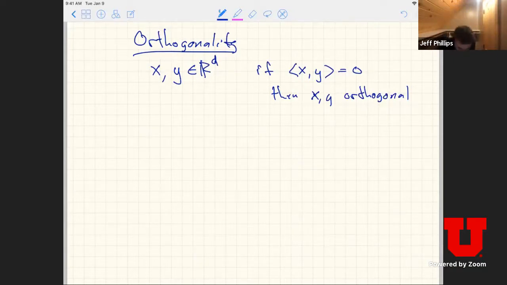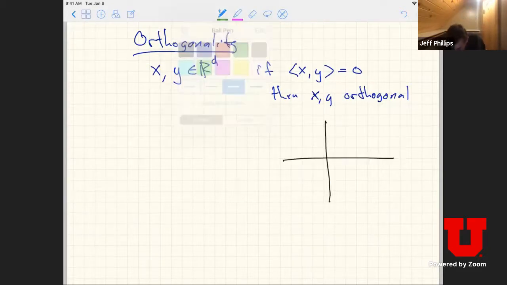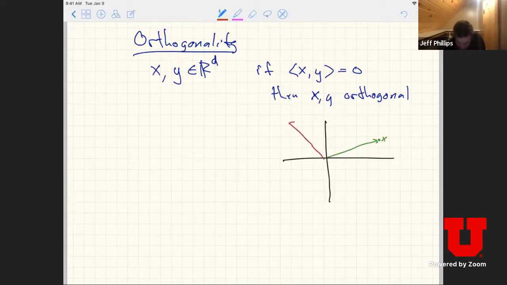The way to think about this with vectors in geometry, I always like the geometric intuition, is that if you have one vector x here, and you have another vector y right here, then they are orthogonal as long as this is a right angle. This is exactly 90 degrees between them.